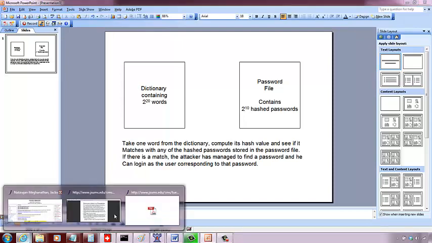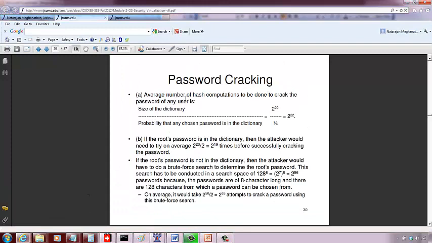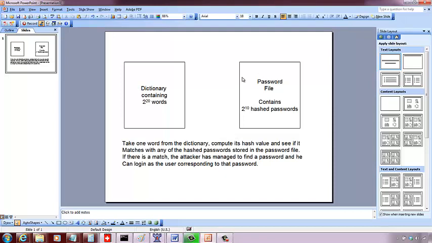If you notice, I gave you this formula where the average number of hash computations to be done to crack the password of any user is basically the size of the dictionary divided by the probability that any chosen password is in the dictionary. What it means by the probability is we are not sure 100% whether the passwords stored in the password file are in the dictionary or not.